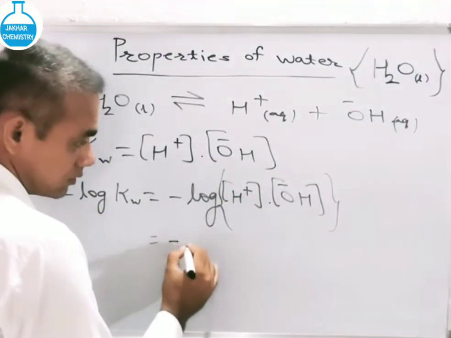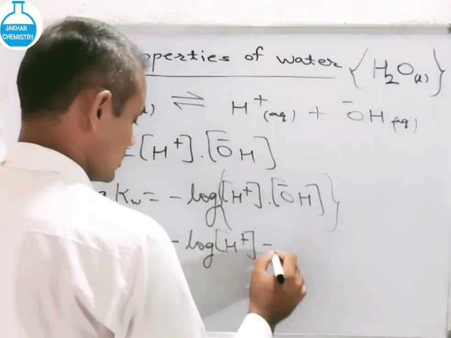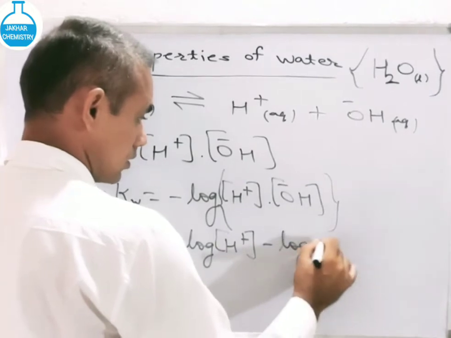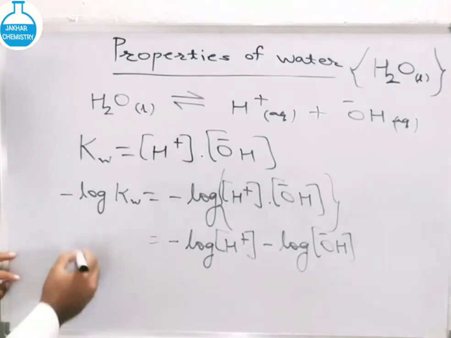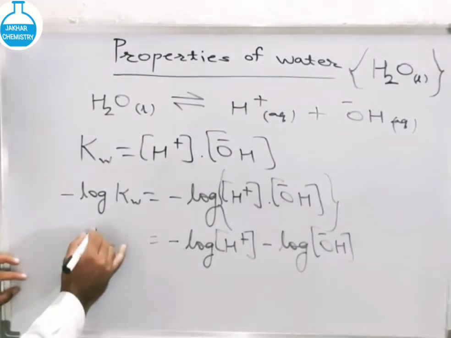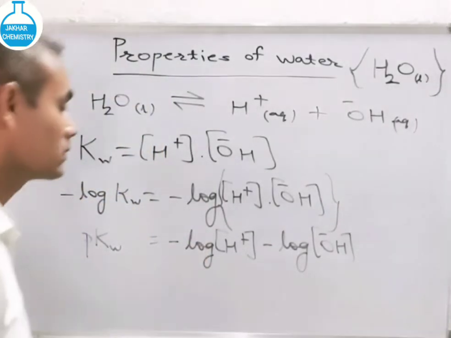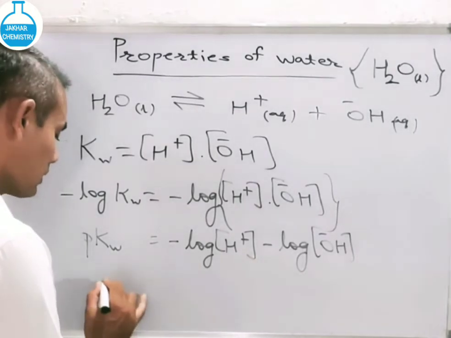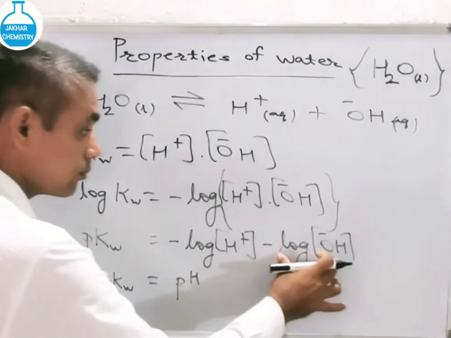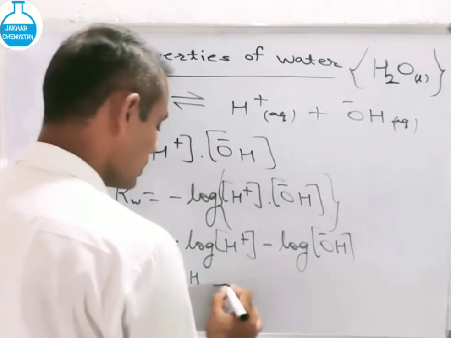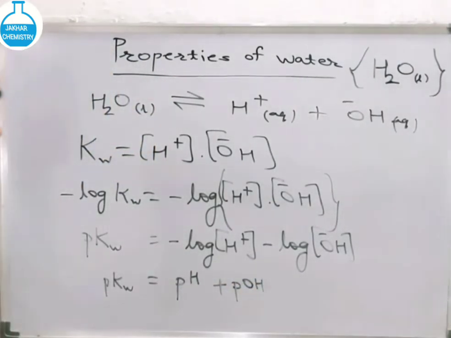So on opening this bracket, we get minus log of H plus active mass, and plus minus log of hydroxide ion. Minus log of Kw is represented by pKw. Do remember? And similarly, minus log of H plus is known as pH, and minus log of OH minus will be pOH. So plus pOH.